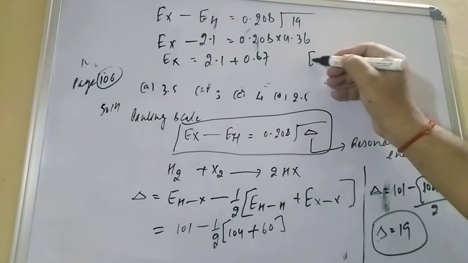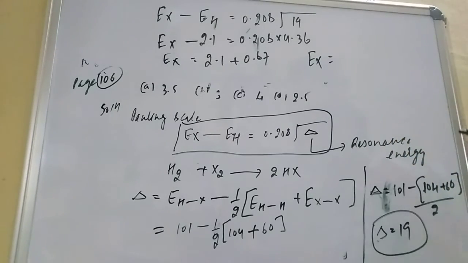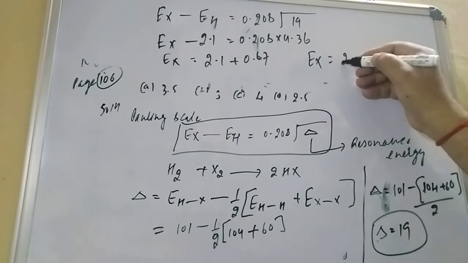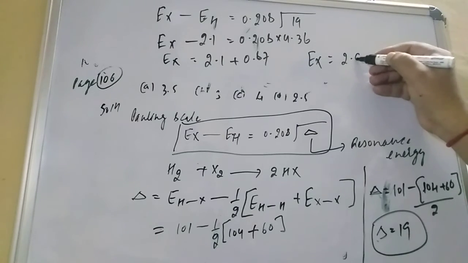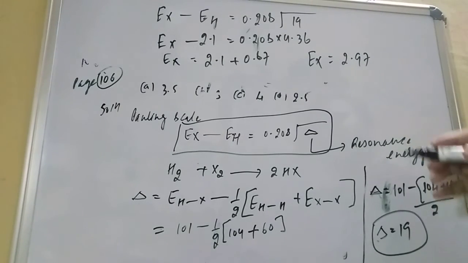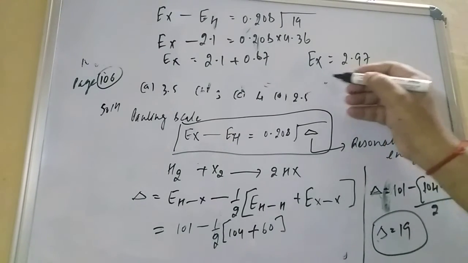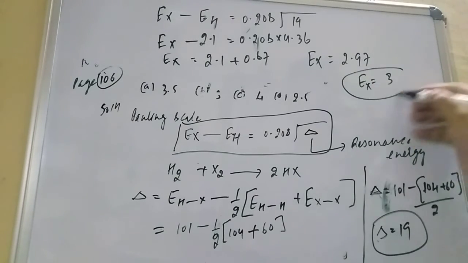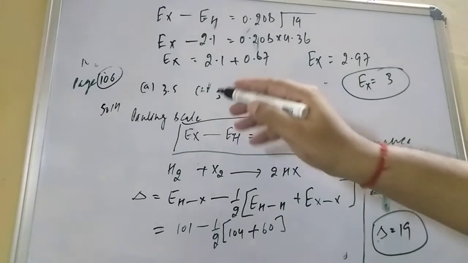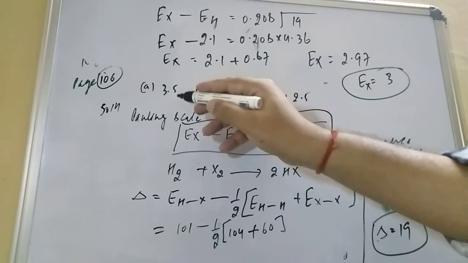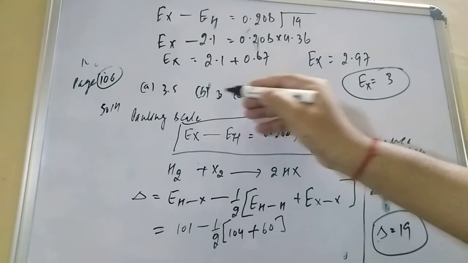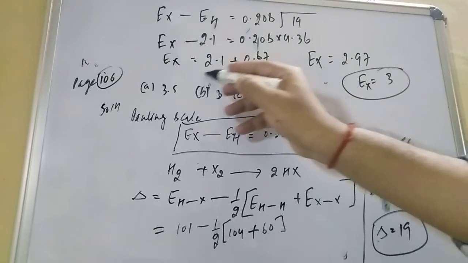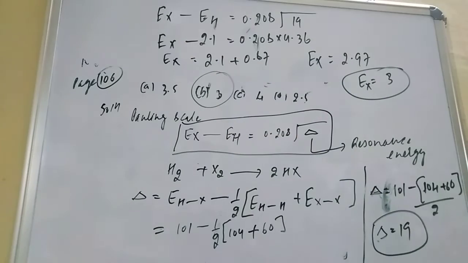Now EX, electronegativity of the halogen atom, if you add it out, it will come 2.97. 2.97 means if you are putting the round figure, it will come EX is equal to 3. Now you check with the options. The options are A is 3.5, B is 3, C is 4, D is 2.5. So it is 2.97. It means option number B is the correct option.